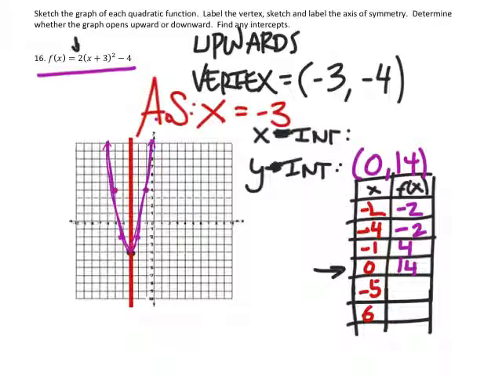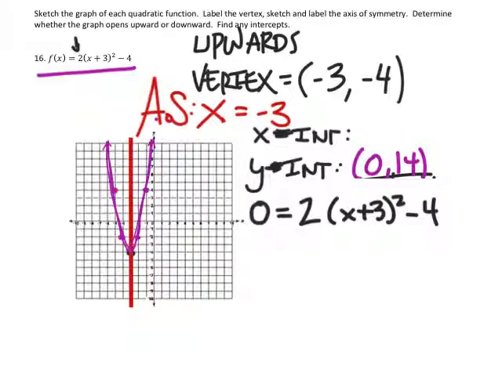But before I do, I will need to give myself some space. So you can see here, if we make the f of x 0, that is where the x-intercepts will be. And since it's squared, we'll have two values. These may be irrational. We'll find out. And we've got to expand that x plus 3 squared.